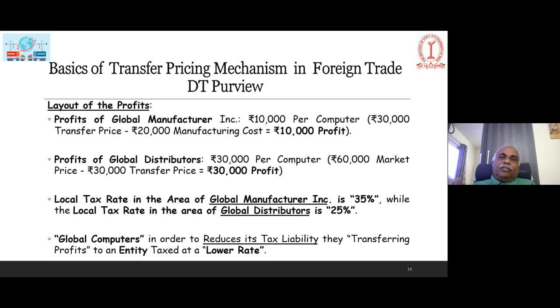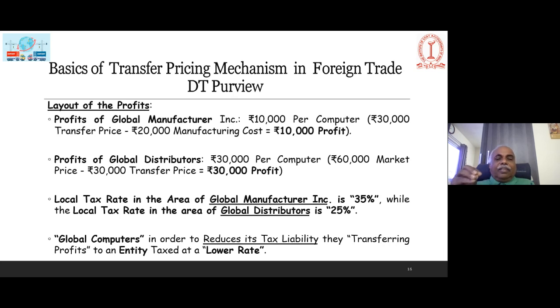Now see the profit comparison. The profit of the global manufacturer is 10,000 per computer: the transfer price of 30,000 minus the cost of production of 20,000. At the same time, the distributor gets the computer for 30,000 and sells it for 60,000, so the profit is 30,000.